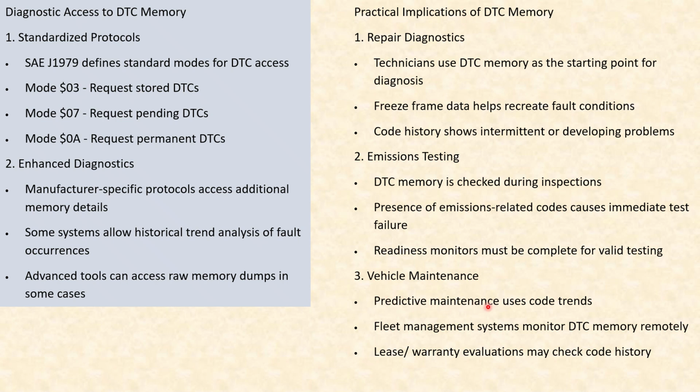Predictive maintenance uses code trends. So depending upon the code trends, predictive maintenance is completed. And also fleet management systems monitor DTC memory remotely. And also lease and warranty evaluations may check code history. Okay, so even when warranty issues come up, checking the code history is a common practice.